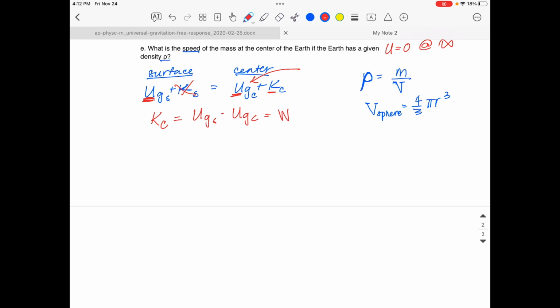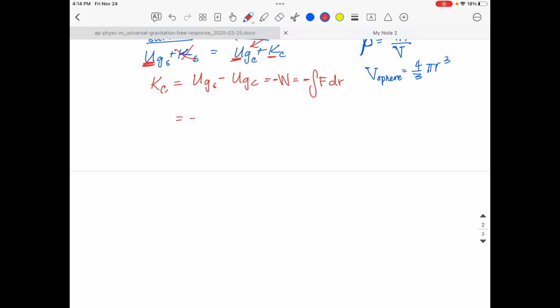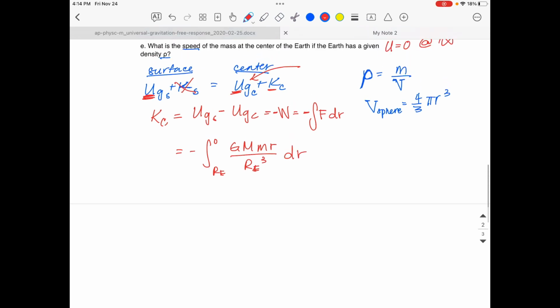So when we have change in energy, we have negative work done, and negative work done is equal to negative the integral of force with respect to r. And then from here we get negative integration from the radius of the Earth to 0 of G capital M little m r over radius of the Earth cubed, because we're working with the force of gravity within the center of the Earth, dr. Well, we already solved that.